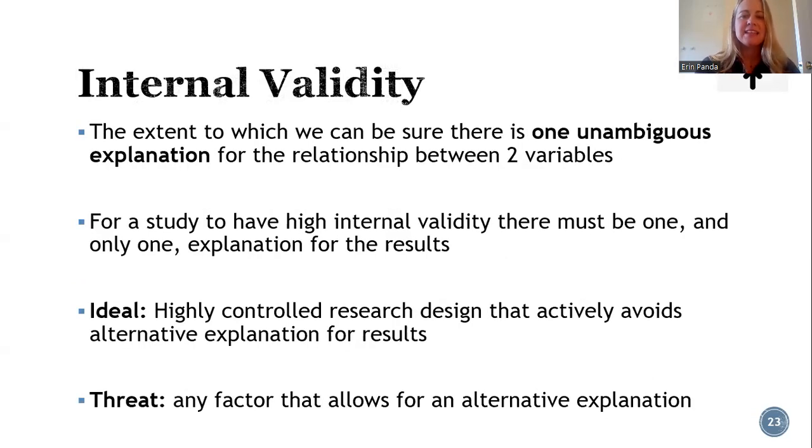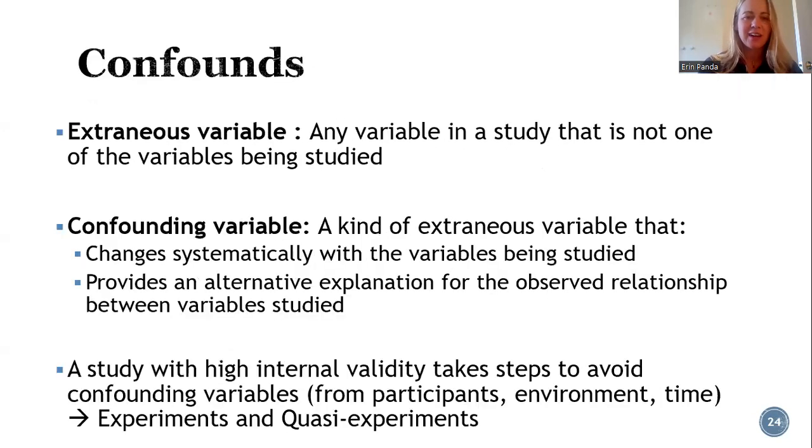Internal validity is about the extent to which we can be sure that there's one unambiguous explanation for the relationship between two variables. For a study to have high internal validity, there really should be one and only one explanation for the results. An ideal situation in terms of internal validity would be a highly controlled study that actively avoids alternative explanations for the results in the design or in the statistics, where we've actively tried to control for confounding variables.